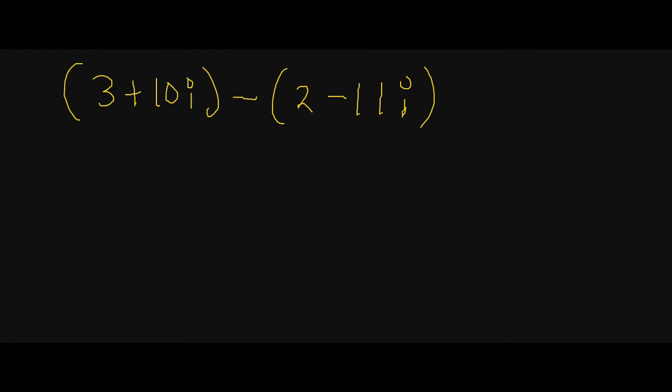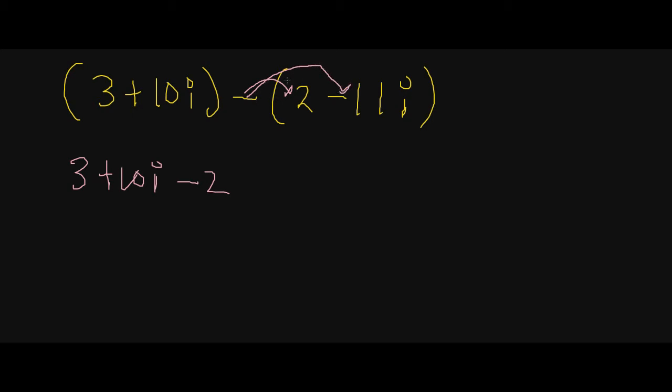Here we're subtracting, but you can think of this negative as a negative 1. Before we do anything, we need to make sure that we take into account the negative. So let me write it: 3 plus 10i minus 2, and this negative and the 2 is just negative 2. So minus 2 minus negative 11.